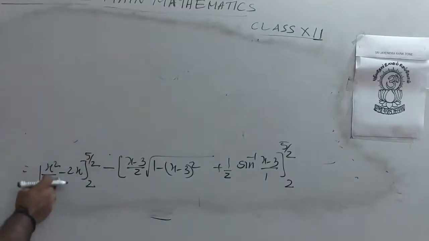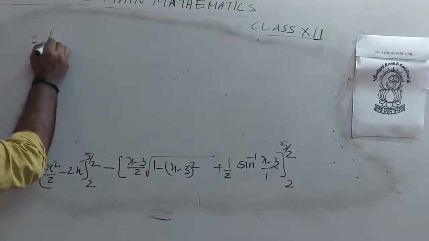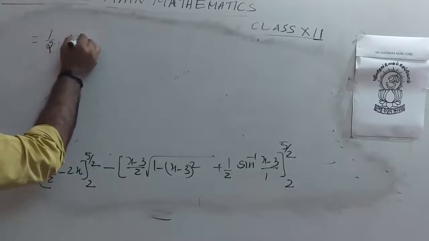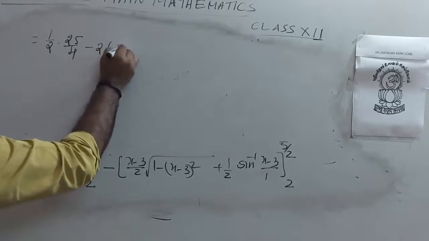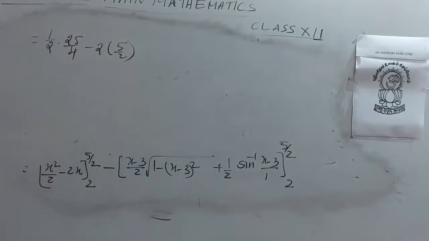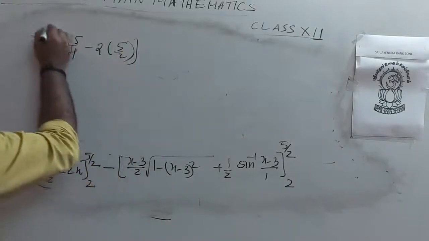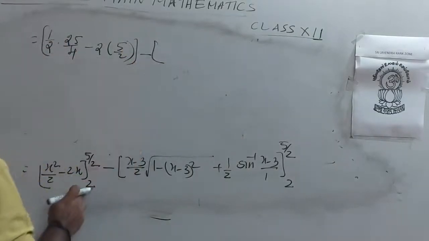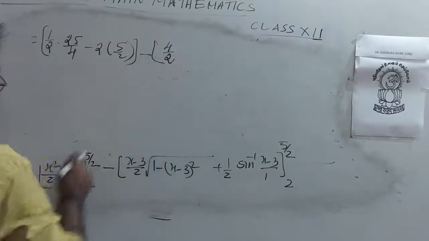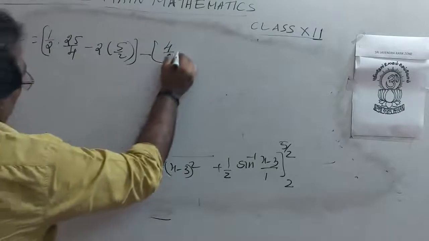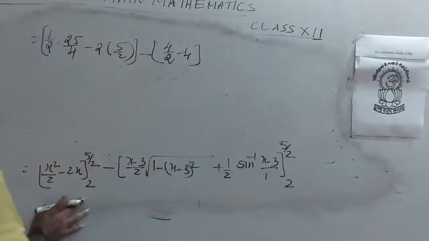Equal to 1 by 2 times 4 minus 2 into 5 by 2, that is the upper limit, minus the lower limit. If you apply 2, that is 4 by 2, 2 squared by 2, and 2 into 2 is 4. This portion is over.